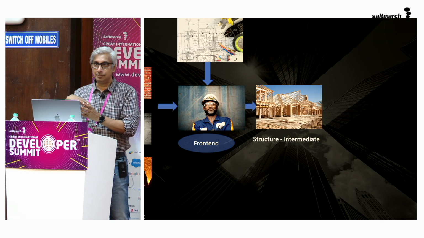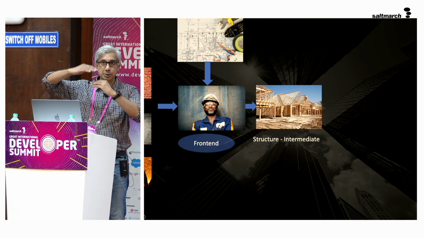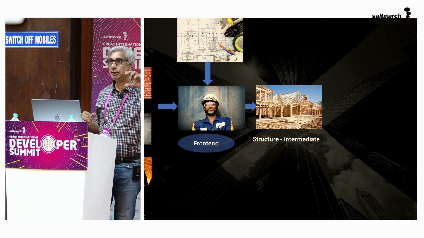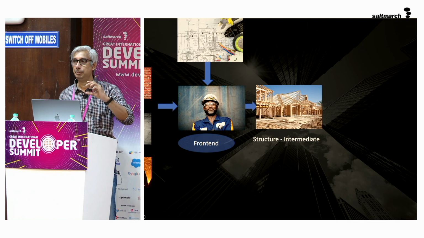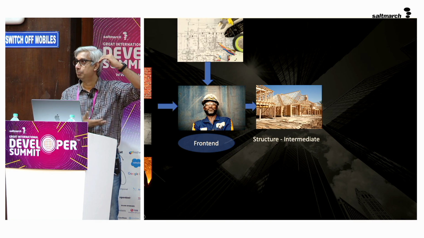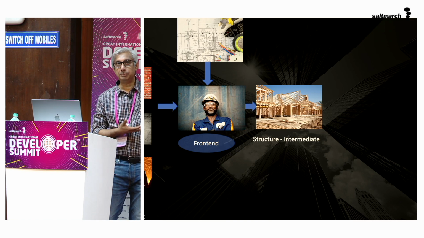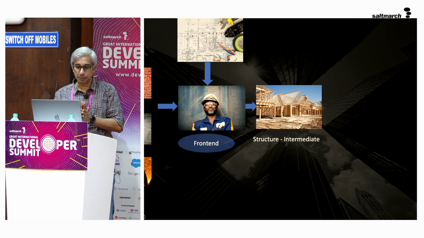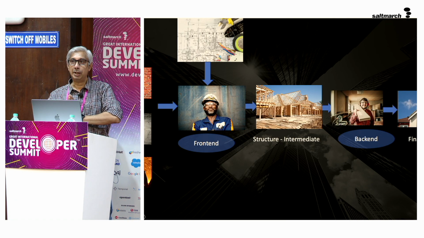Of course, there's a villa, but if you have a flat, you just build one over the top of the other. So consider each floor of an apartment as one method, and method after method, and the entire building is a class. So you just build up the entire structure first. That's how the compiler works. And then the backend comes, and we build the final product.